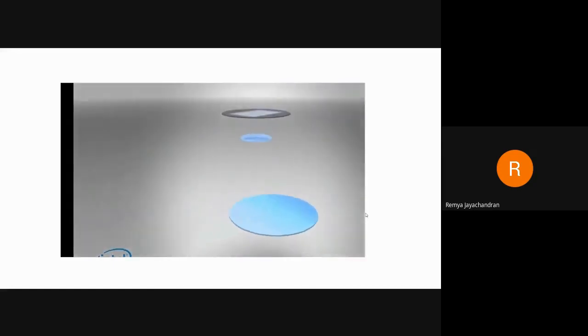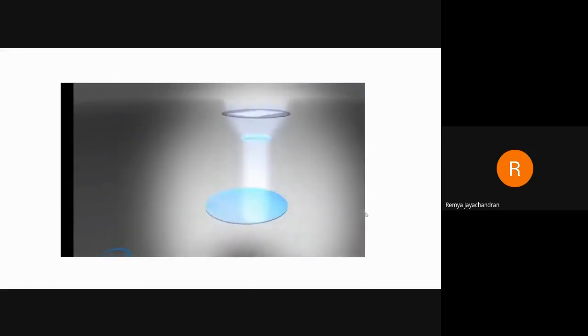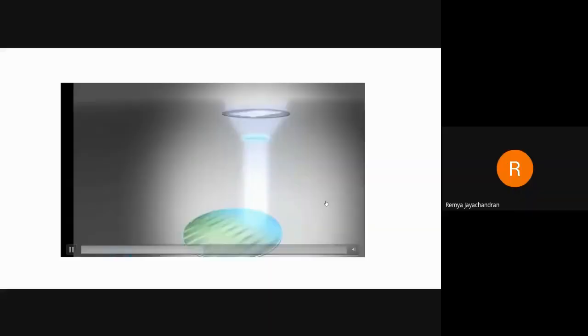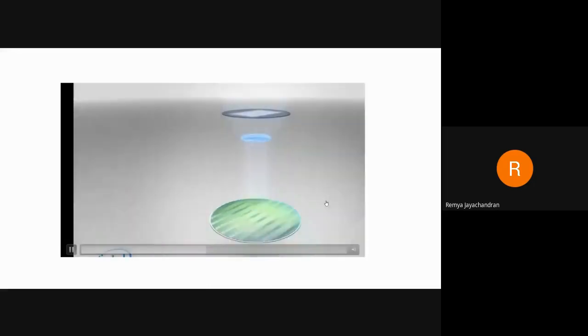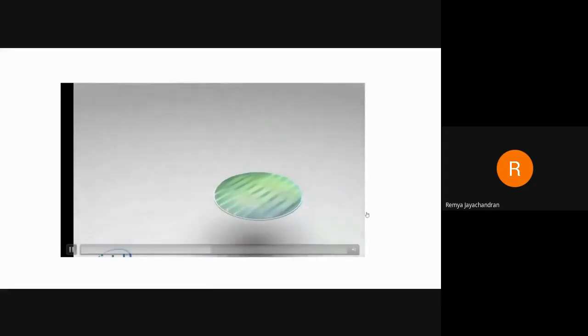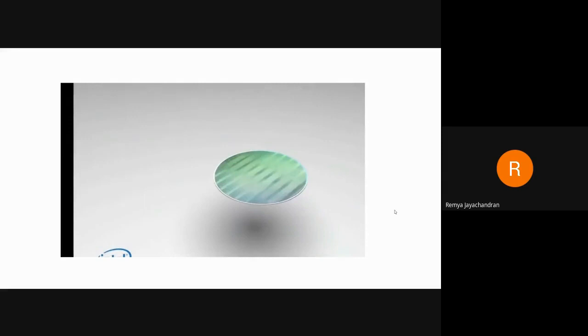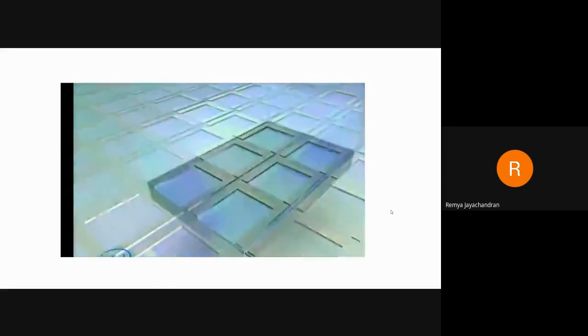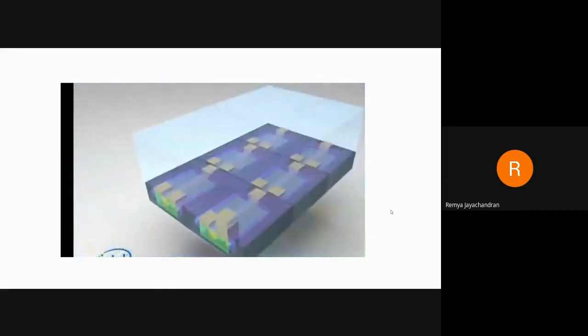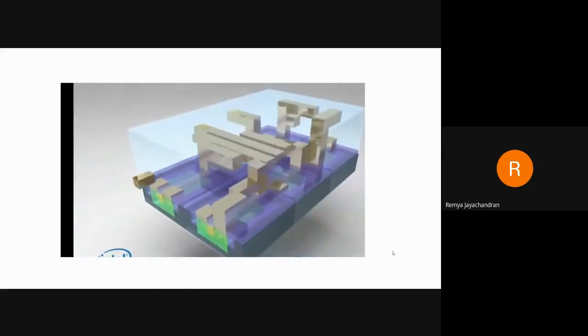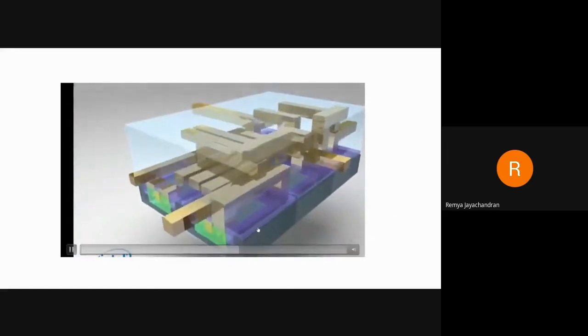In that wafer, you can fabricate the devices. That's the photolithography process. So these are the different device development stages, and the metallization.